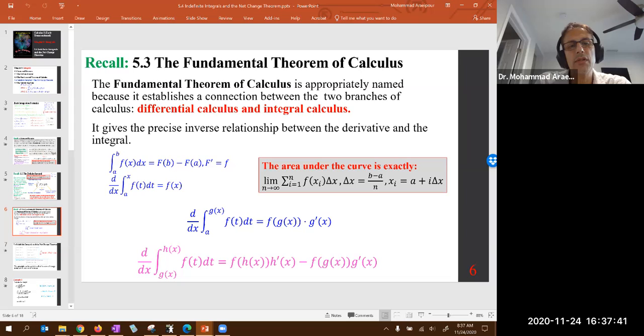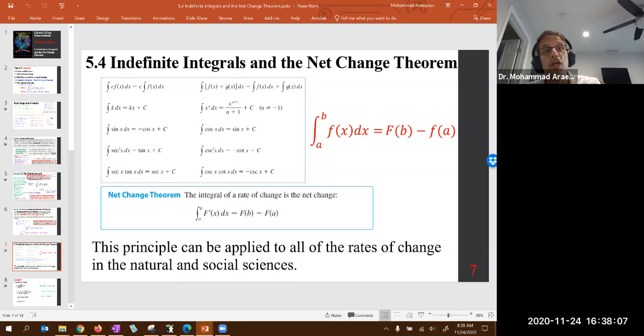If you take the derivative of the integral from a to g of x of f of t dt, you plug in g of x and you multiply by g prime. If the top and the bottom are both functions, you plug in the top function times h prime, and then you plug in the bottom function times g prime. They both come from the fundamental theorem of calculus and the chain rule.